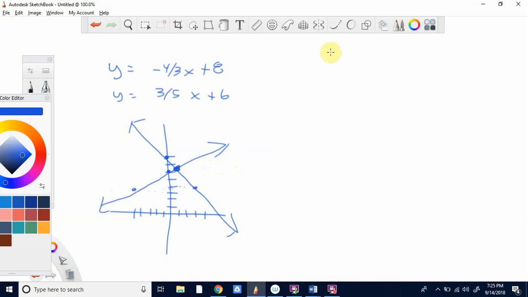So if we solved example 3B, we're going to get y equals 2/5 x plus 2 and y equals 2/5 x plus 2. What do we know?